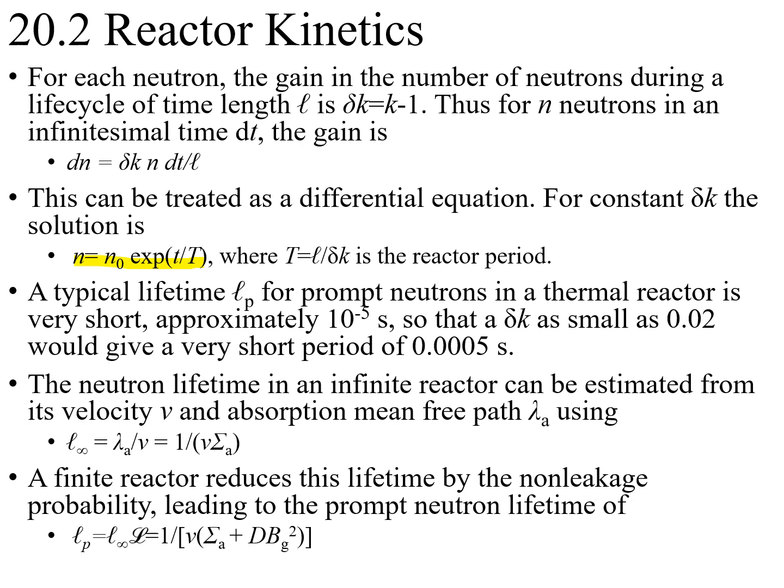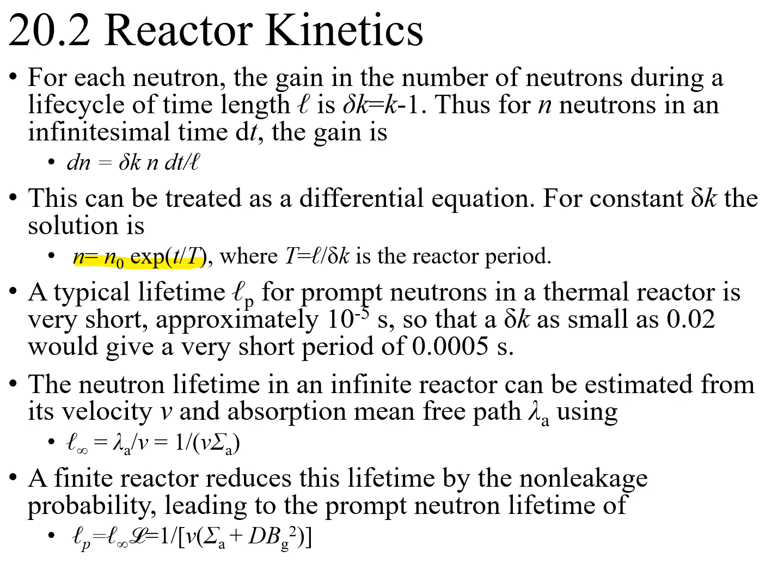The next question is how to determine this L. Apparently, this L will affect how the neutron population will grow. So we have a typical lifetime L_P for the prompt neutron in a thermal reactor, and this L_P is very short, approximately 10 to the negative 5 seconds.